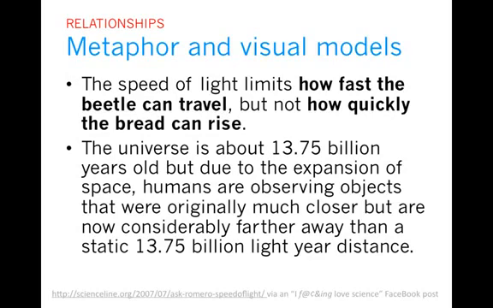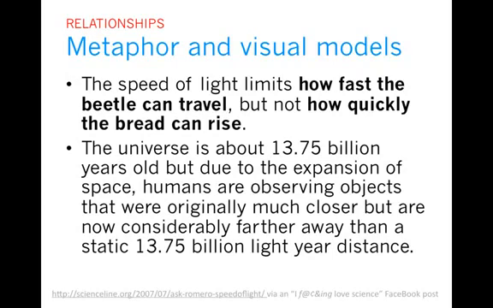Under this theory, our universe is about 14 billion years old, but due to the expansion of space, we human beings are observing objects that were originally much closer, but because the universe was expanding, we feel like these objects are considerably further away than the static 14 billion light years distance.